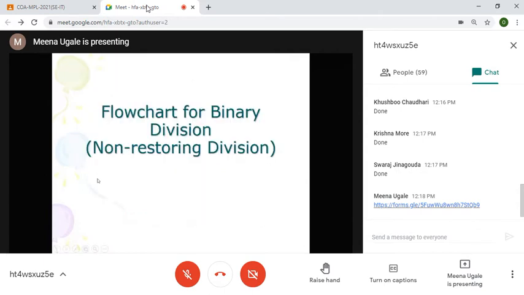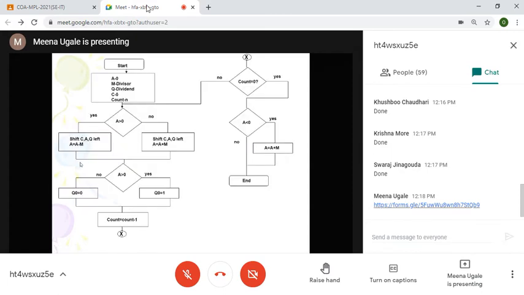So next we are starting the non-restoring division algorithm. And for that, this is the flow chart shown. Please note down this flow chart. Is it visible? Yes, please note it down properly.